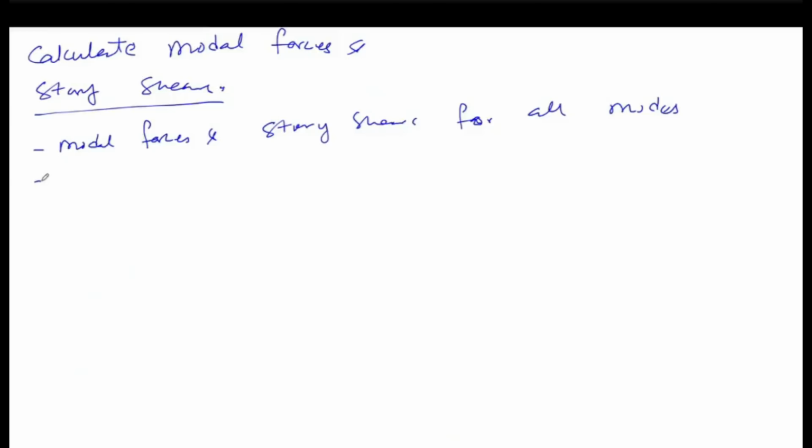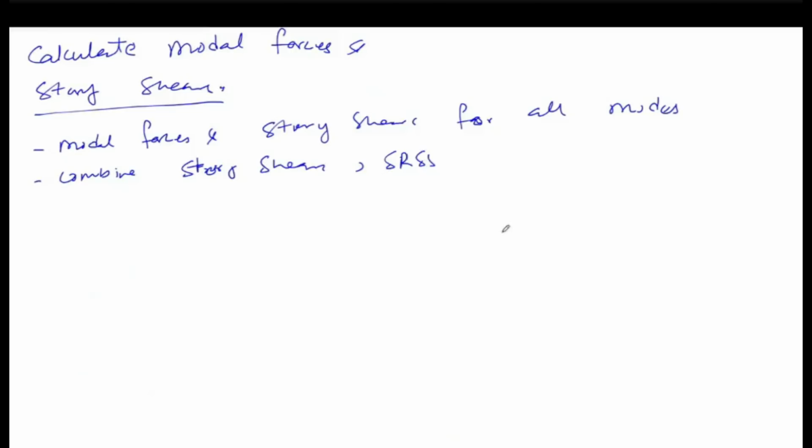So once you calculate the modal forces and story shear for all the modes, the next step is to combine the story shears of all the modes using the SRSS procedure, the square root of the sum of squares, which gives a quite good result in the majority of cases.